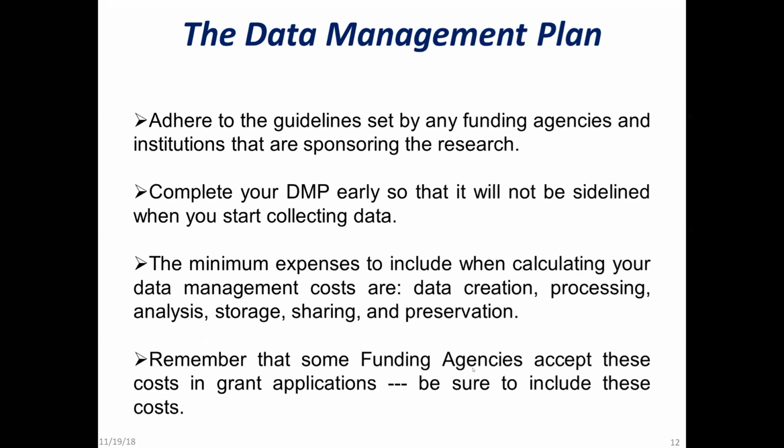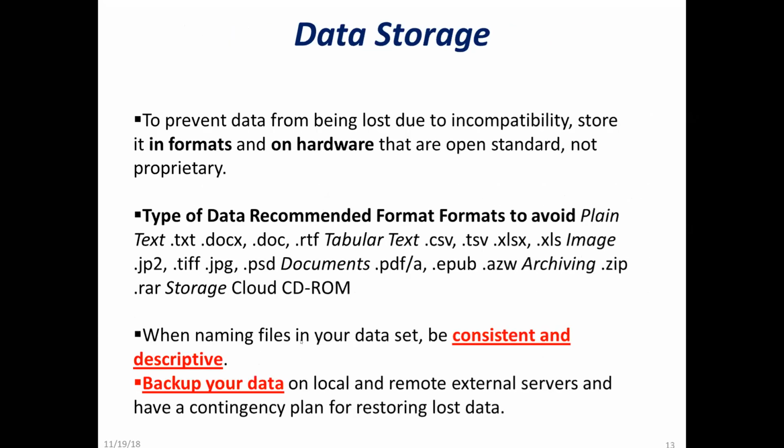So remember that funding agencies accept this cost in grants. Nowadays, they accept this cost while you're drafting, and it has to be integrated within the proposal. So if you want it integrated in the proposal, then your data management plan has to be drafted as early as possible.